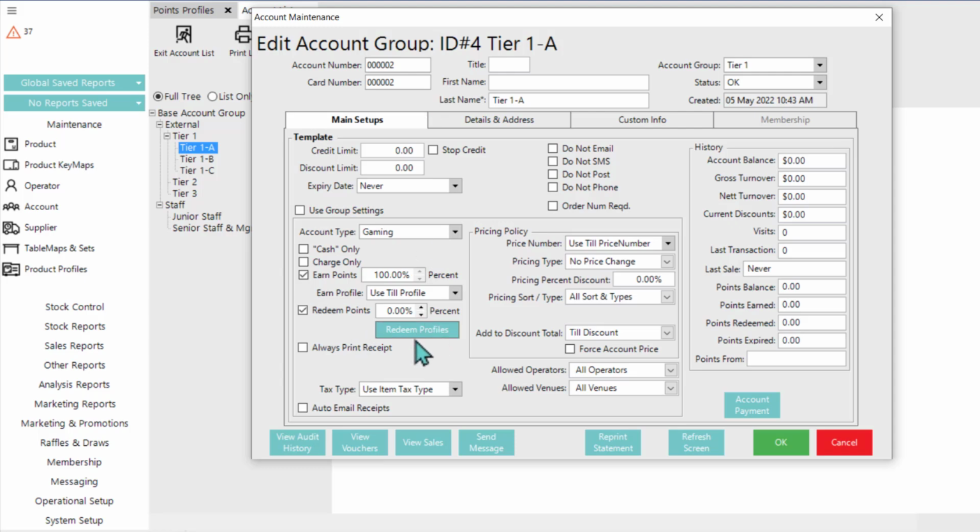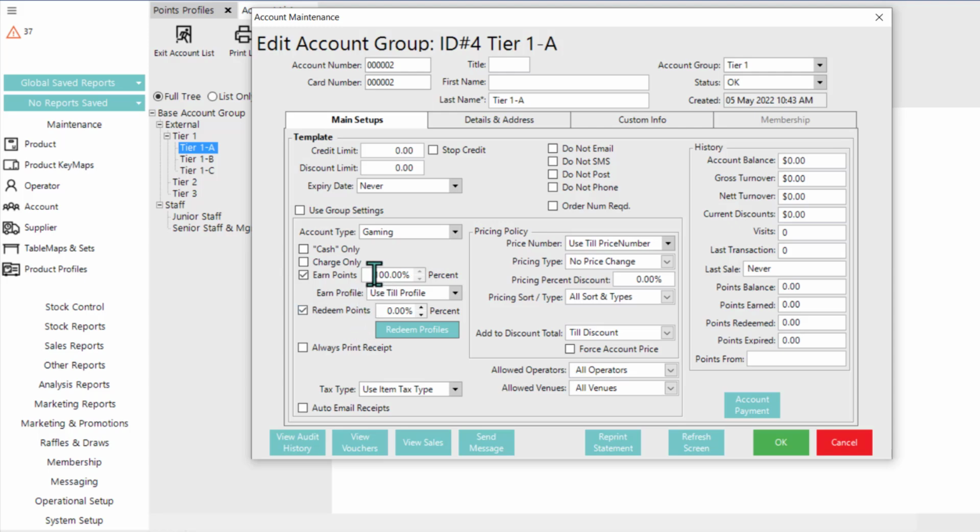But wait, there's more. We also have these earn and redeem percentages, which will also factor into the overall points earn and redeem calculations for each account, which allows us to take those global level points profiles that we have set, whether they are set here for the account or if we're using the tills profiles.